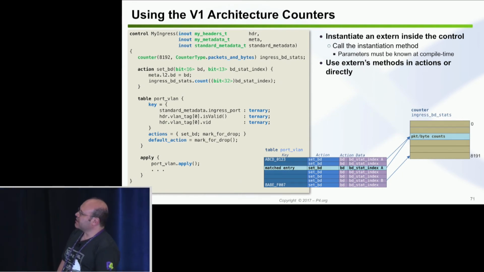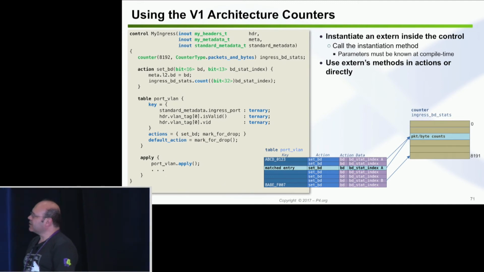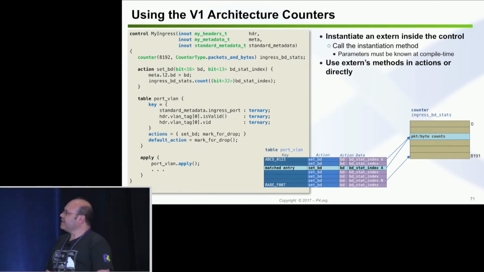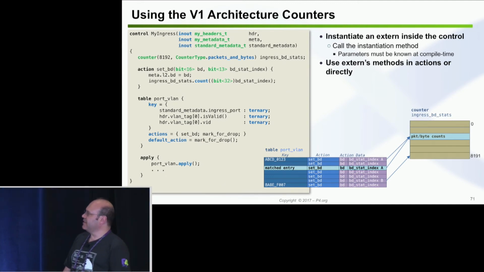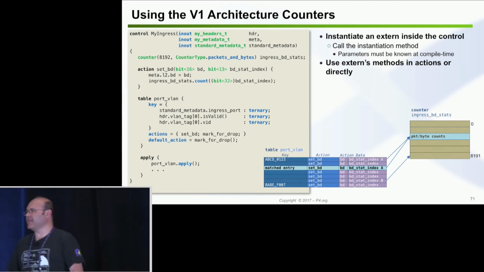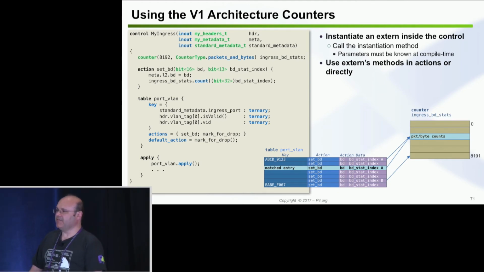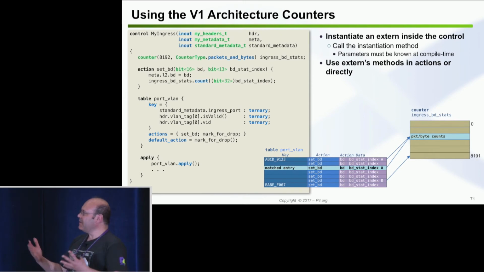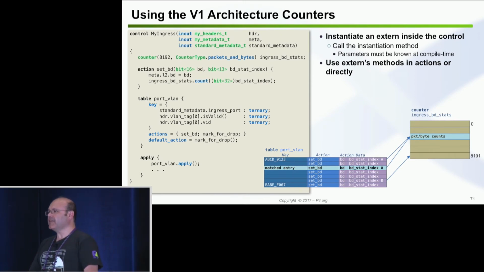The question is, how would you know that the counter is an extern? I think the answer is that this is not a reserved word in the language. It's just the name of the extern, and that extern came from a file called v1model.p4. The name of the extern is defined by the vendor, whoever defined the architecture for you.